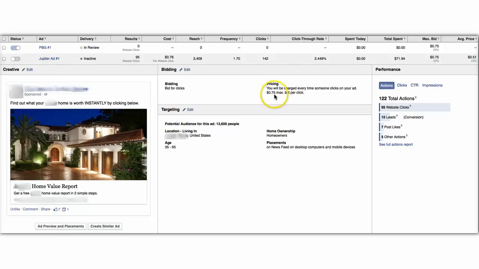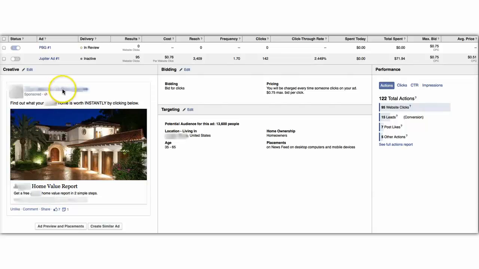Then we look at your max bid, which is 75 cents. So this is where this number comes from. And the average cost per click, the average price cost per click. So one of the weird things here is that you've got your ad, it shows up in the news feed. Well, there's a lot of places to click here. If you click on the photo or if you click on the link down here, you're going to get taken to your home value lead site, which is what you want.